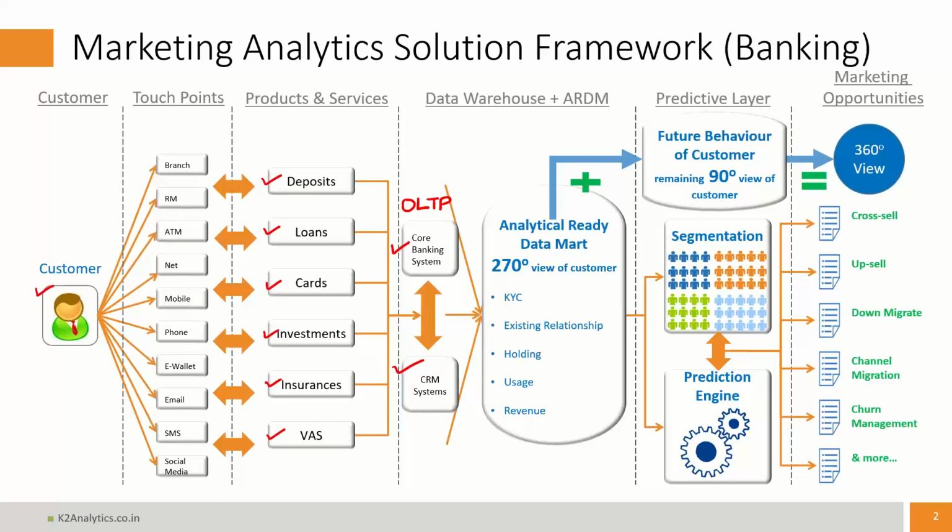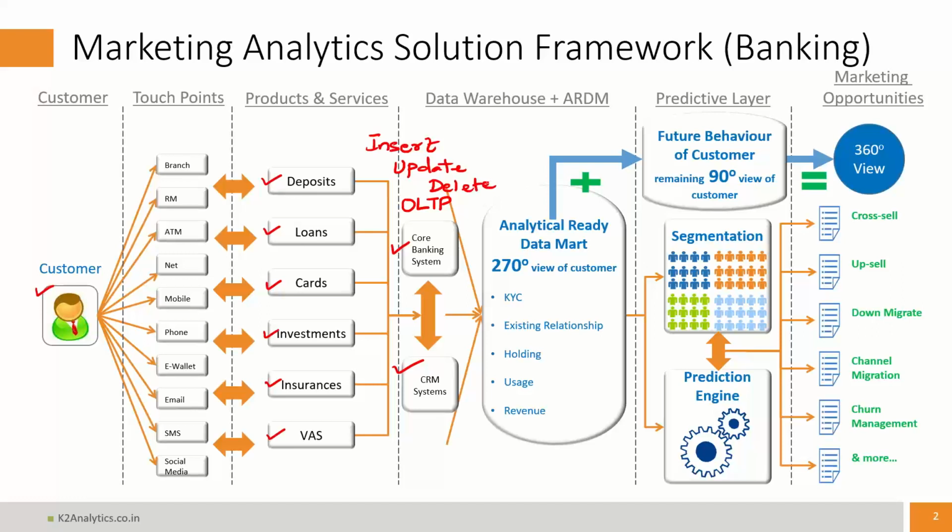Now, this is how the customer interacts. Now comes the ETL or the data engineering aspect. The data which is stored in an OLTP system is optimized for doing insert queries, update queries, and delete queries.